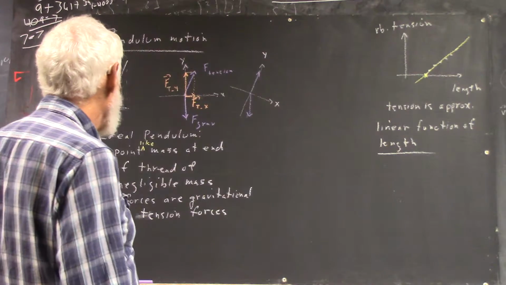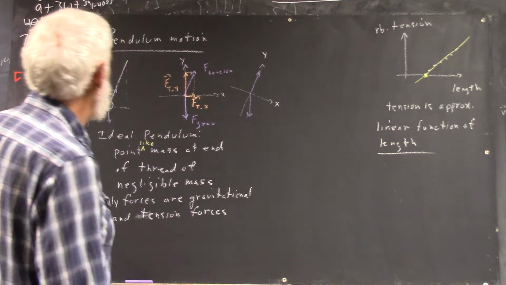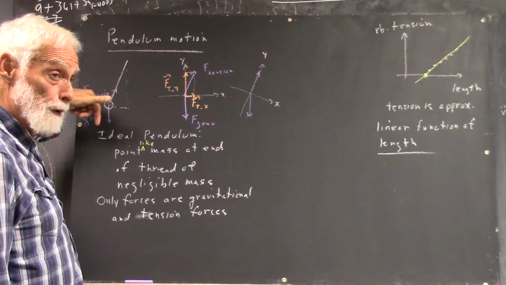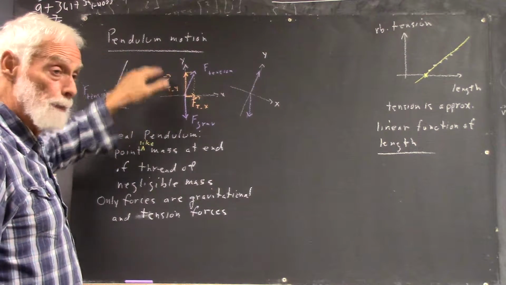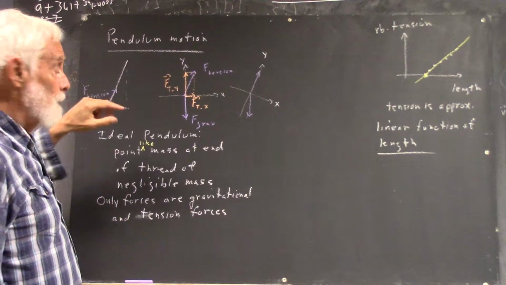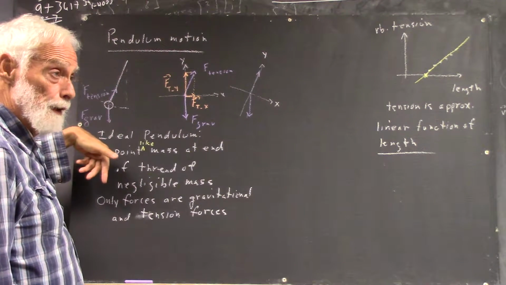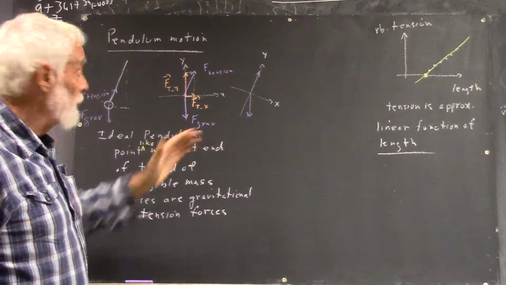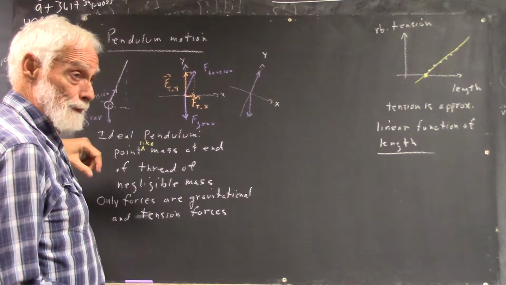Now, since the pendulum is not accelerating significantly in the downward direction, although it is a little bit, so this is only an approximation. But since the pendulum is not accelerating in this direction, it's mostly moving in this direction, and this all depends on this distance here being small compared to this, okay?